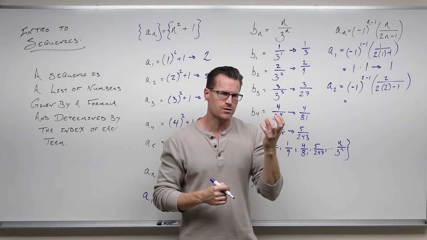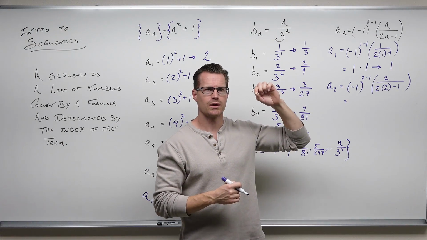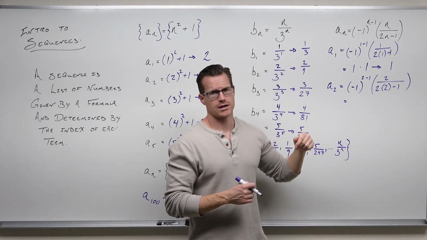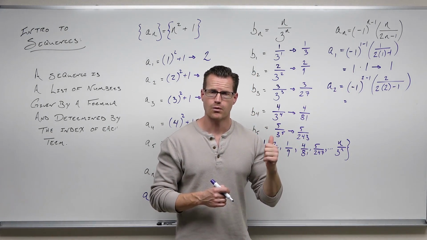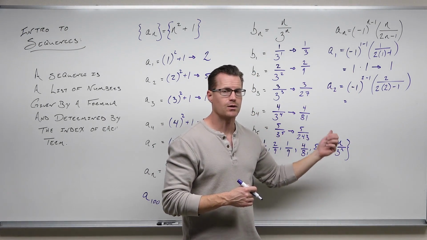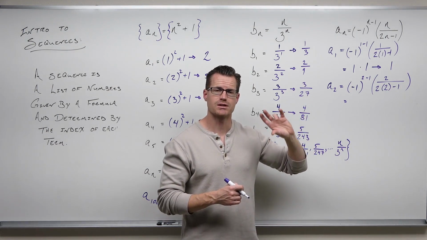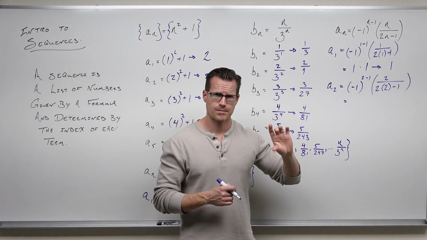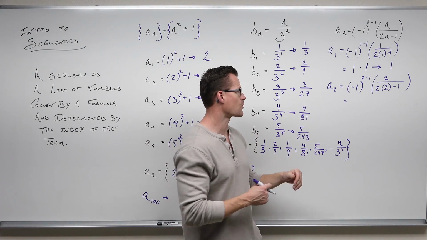Think of it like even, even though 0 is not really even here, and so anything at 0 power would give you a 1. This is going to be an odd exponent. Anything to a negative to an odd exponent is going to give you a -1. The next one will be even. It'll give you +1. It's going to alternate. All that -1 is doing is giving us positives for even exponents and negative for odd exponents. It's all that's happening. It's alternating our signs for us.